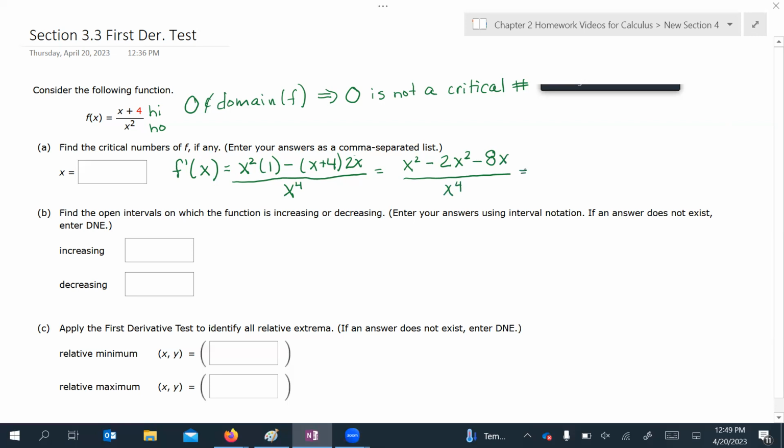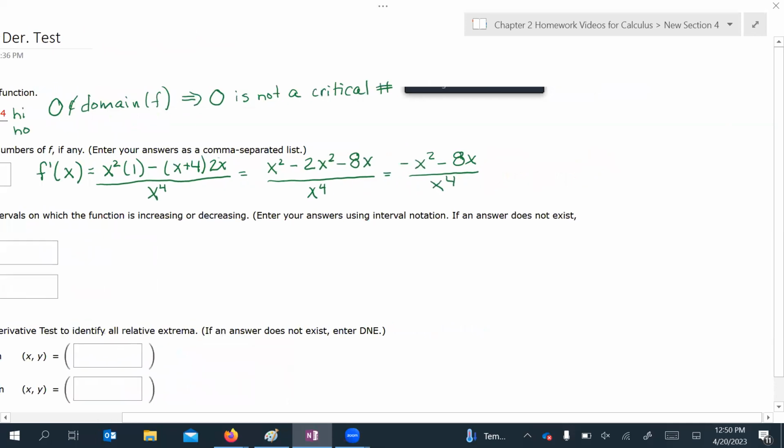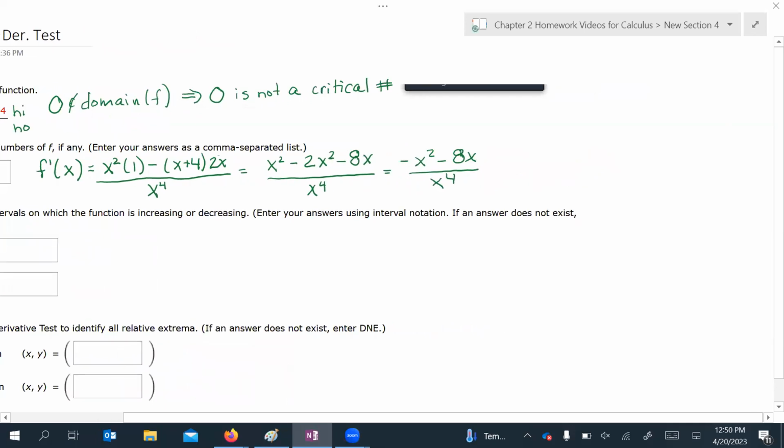This simplifies to be a negative x squared minus 8x all over x to the 4th. Okay, and there's a variation of ways that you can simplify this from here.